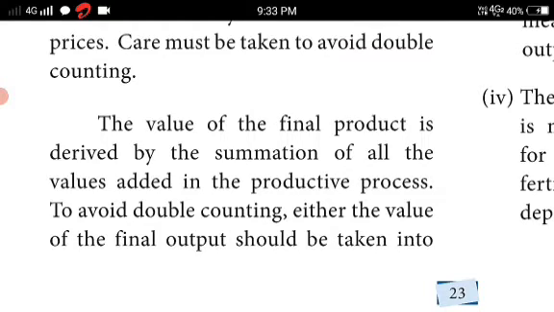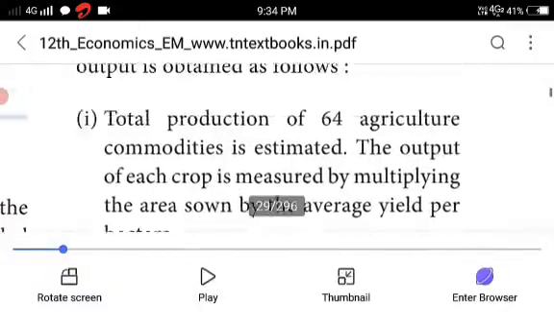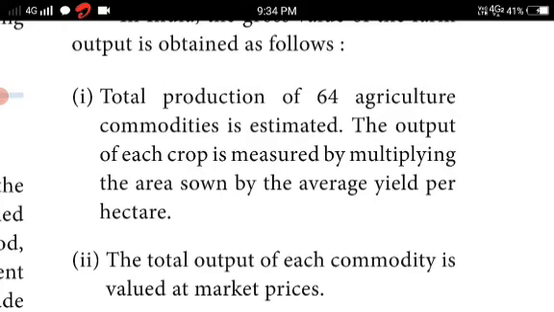In India, the gross value of the farm output is obtained as follows. So the gross value of farm output is obtained from the total production of 64 agricultural commodities, which is estimated.